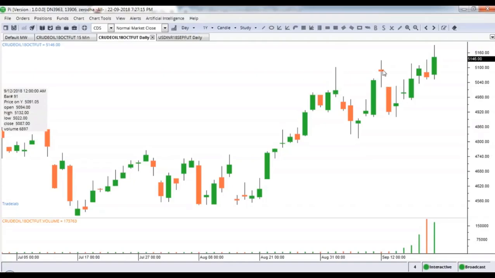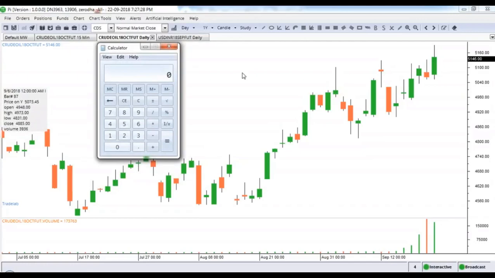Now say for example, how many units are you buying in one lot? You are buying 100 units, correct? So if you are buying one lot and there is a difference of 20 paisa in the USD INR pair, you will have to multiply it by 100. So per lot there will already be a difference of 20 rupees in our price.